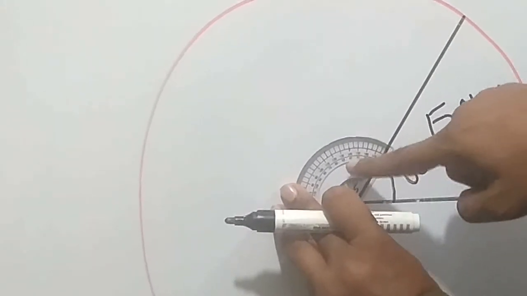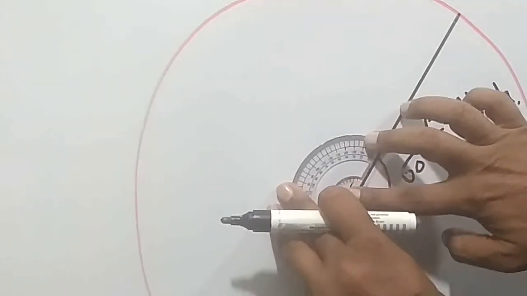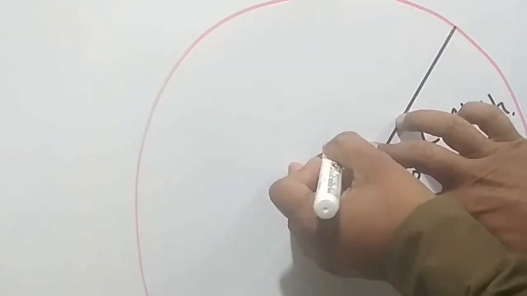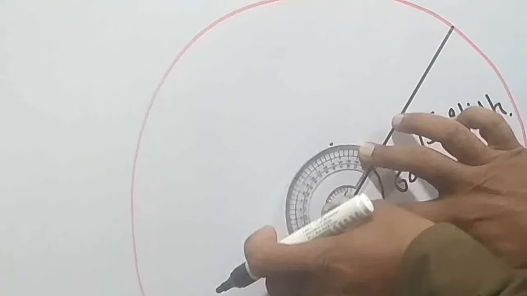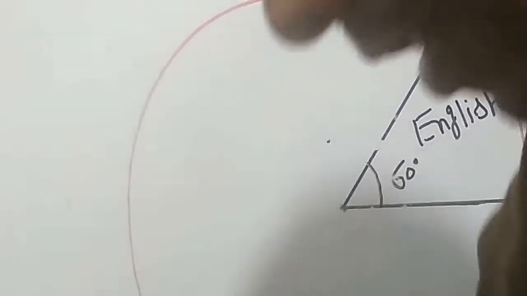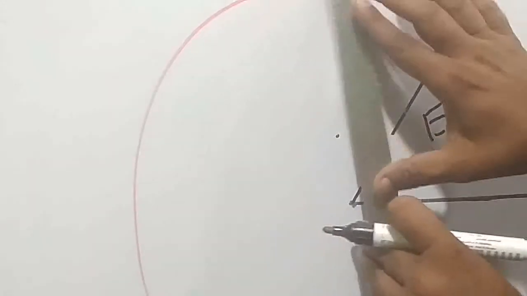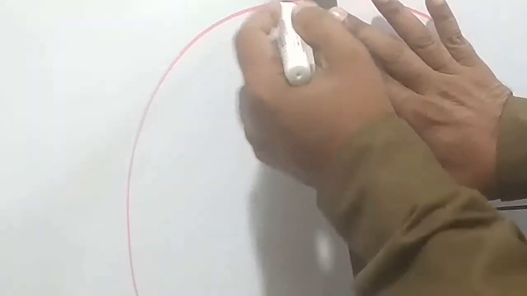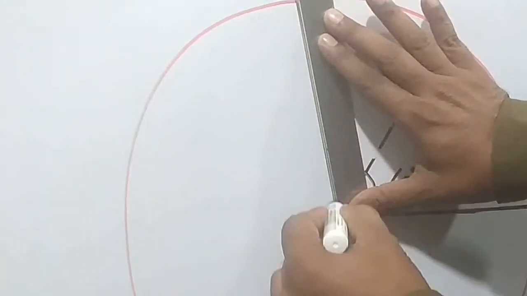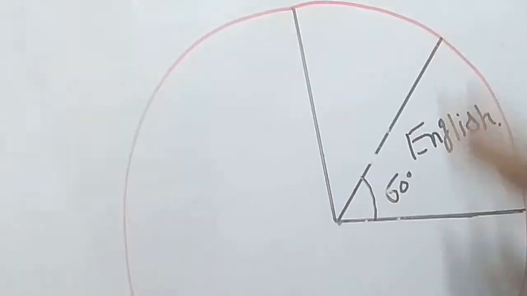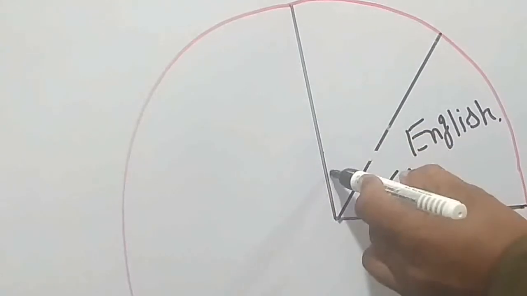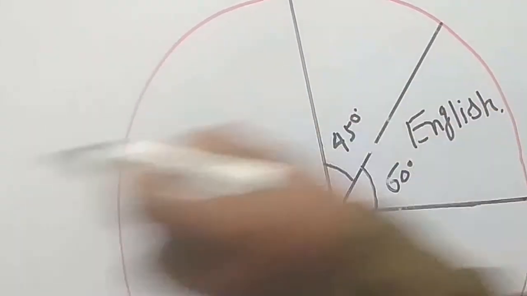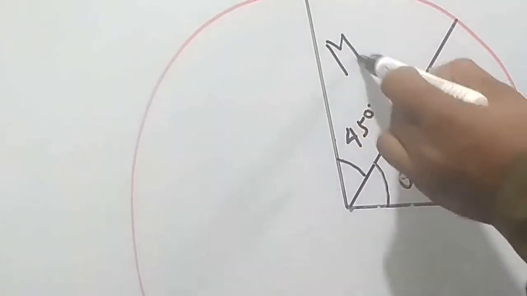So we mark here. This is 45. Then we join this 45 with the center. This is the angle of 45 degrees, and this is for the Marathi language.